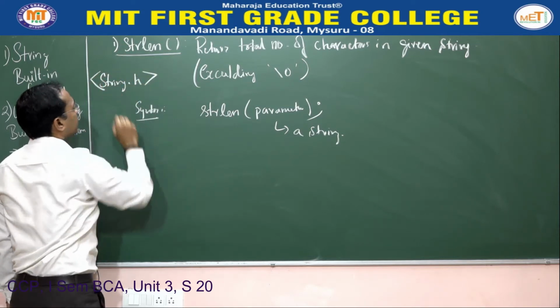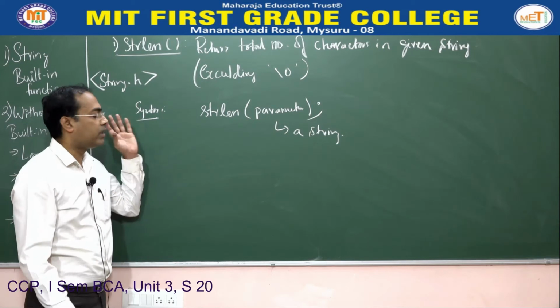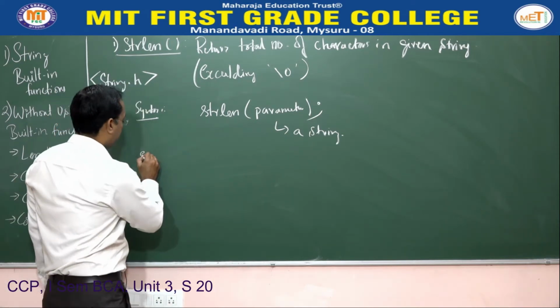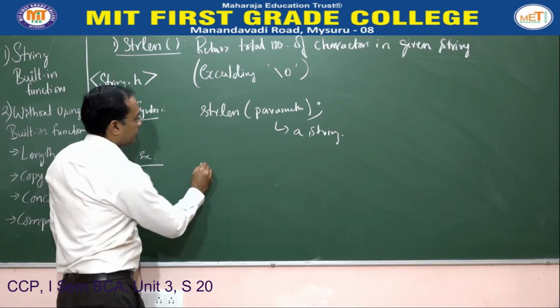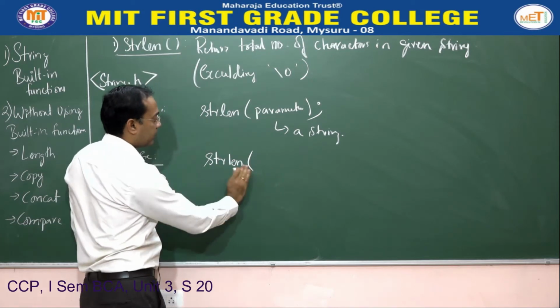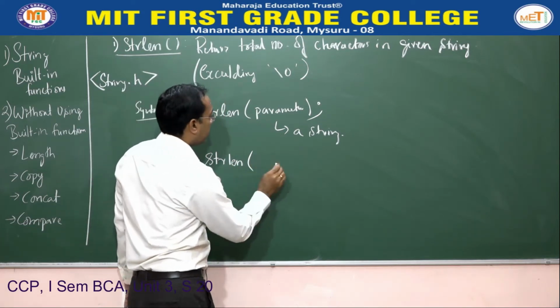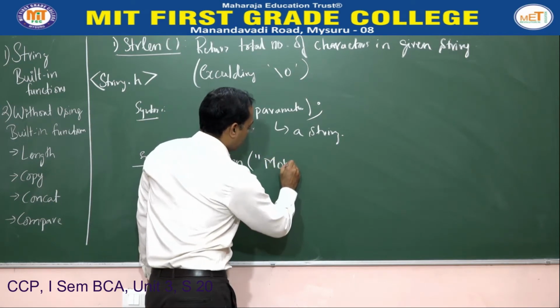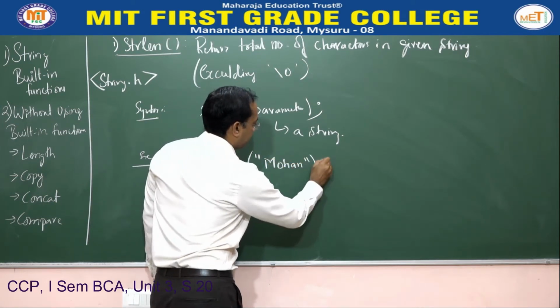You have to include the string.h header file if you want to work with string built-in functions. We'll take one example. It's all small letters, strlen, with no space between str and len. Suppose the string is Mohan.